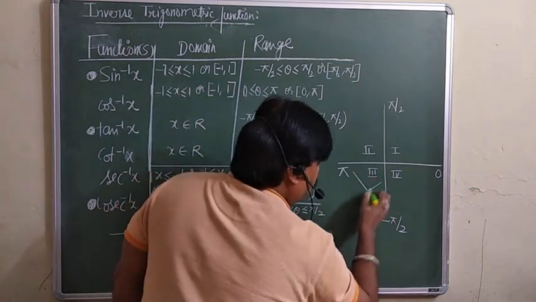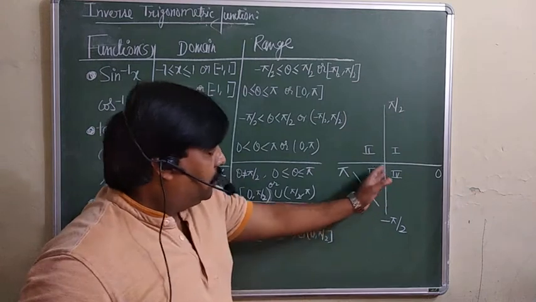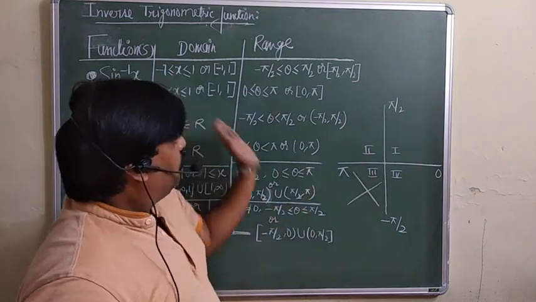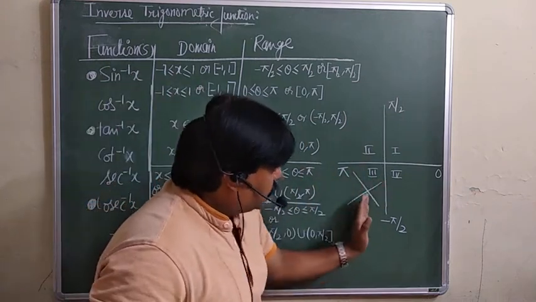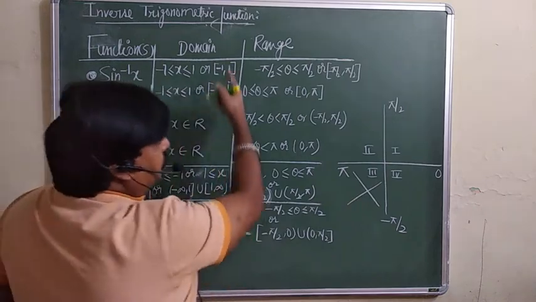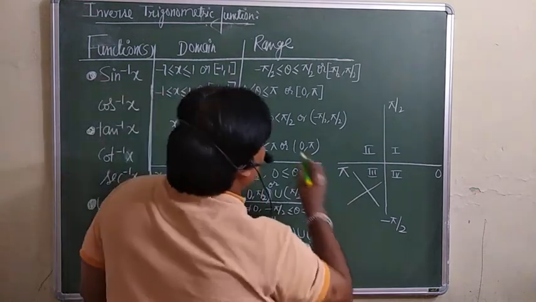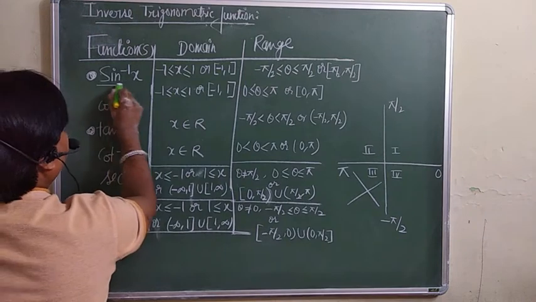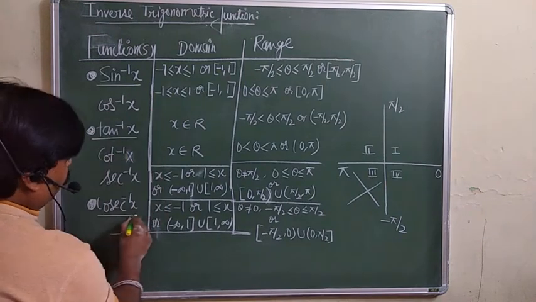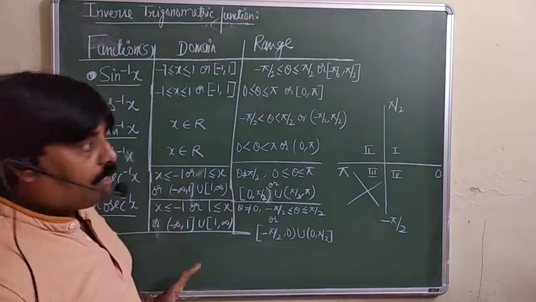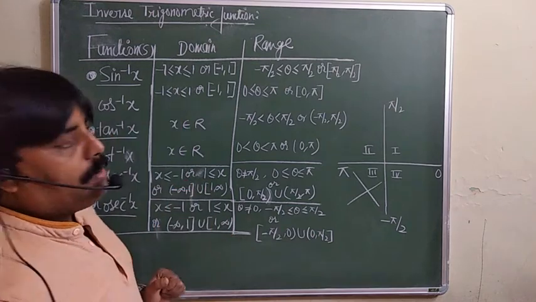Forget this one. No inverse function will be in the third quadrant. From this table we will try to understand. Sin, tan and cosec are always in one group. This is the way to remember this table.